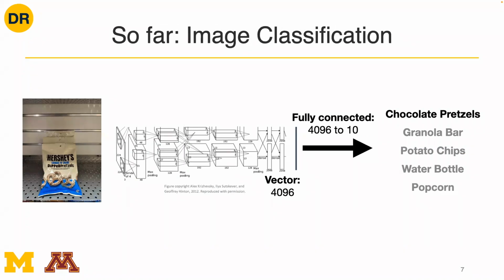So given an image, you have this neural network, for instance, AlexNet in this case, which generates a feature at the end of the layers, and then the final fully connected layer converts that input tensor, which is 4096, to 10 values, which are the number of classes in your classification problem. So in this specific case, if there are 10 labels of different food items, we are classifying this image to be containing chocolate pretzels.